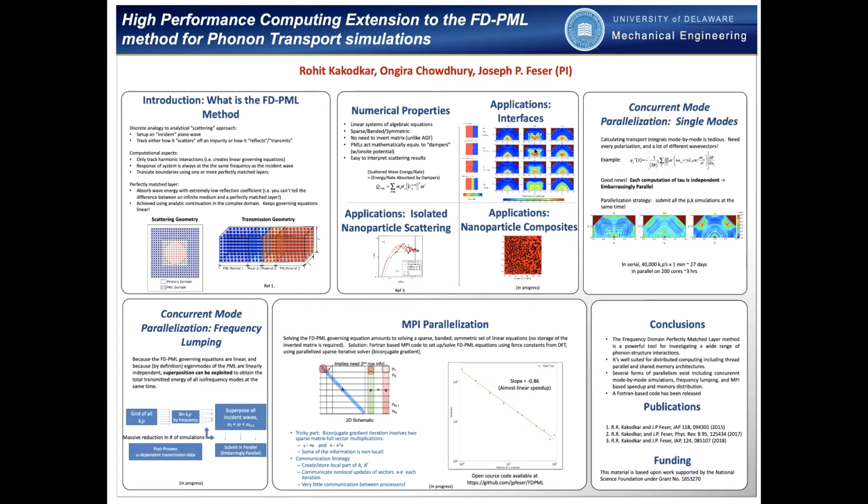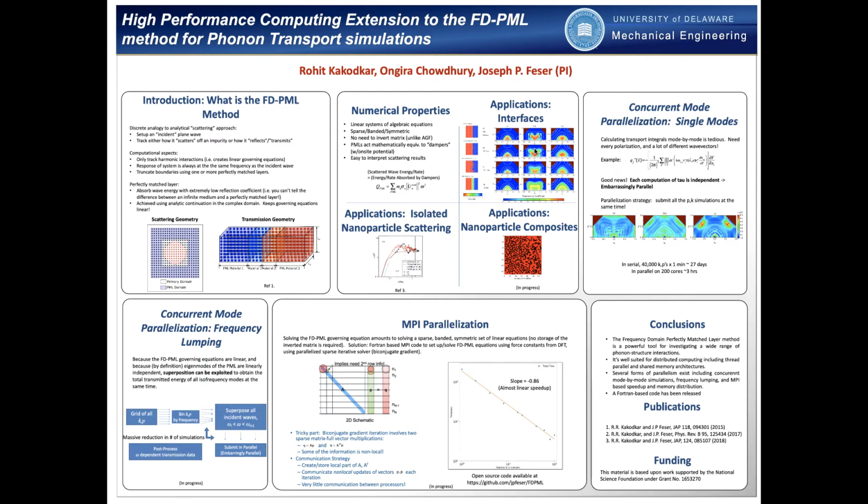Basically, a perfectly matched layer is a method of absorbing wave energy at boundaries using a finite thickness layer of material. And it has the special property that it has an extremely low reflection coefficient. It absorbs, but it doesn't reflect, so you can't tell the difference between that and an infinite medium if you're sitting inside of your scatterer.